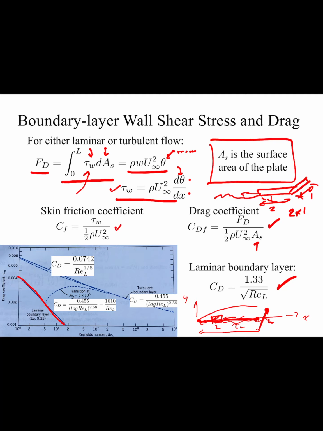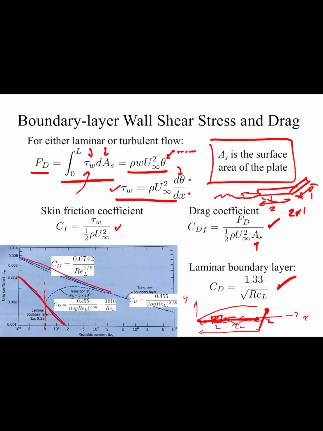And then for turbulent flows, remember, transition occurs at about 5 times 10 to the 5th. So the transition is occurring right here at about this Reynolds number. Generally for turbulent flows, we have a couple of different parameterizations we can use.